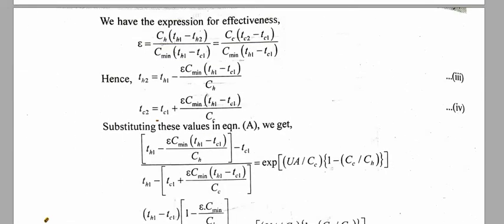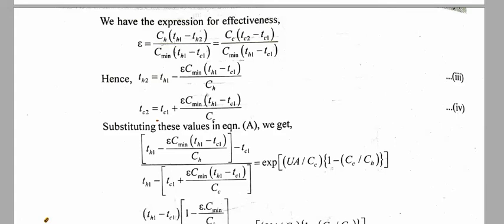Then for the effectiveness we have Ch into (Th1 minus Th2) upon C minimum into (Th1 minus Tc1), which implies Cc into (Tc2 minus Tc1) by C minimum (Th1 minus Tc1).